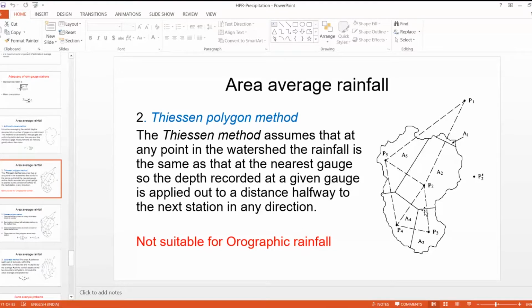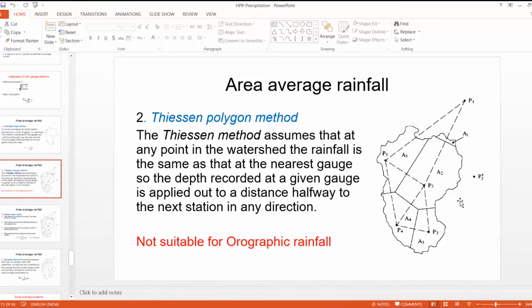Here we have drawn the perpendicular bisector, so the rainfall on this side is given by P3, and the rainfall on this side of the perpendicular bisector is given by the rainfall at P2.